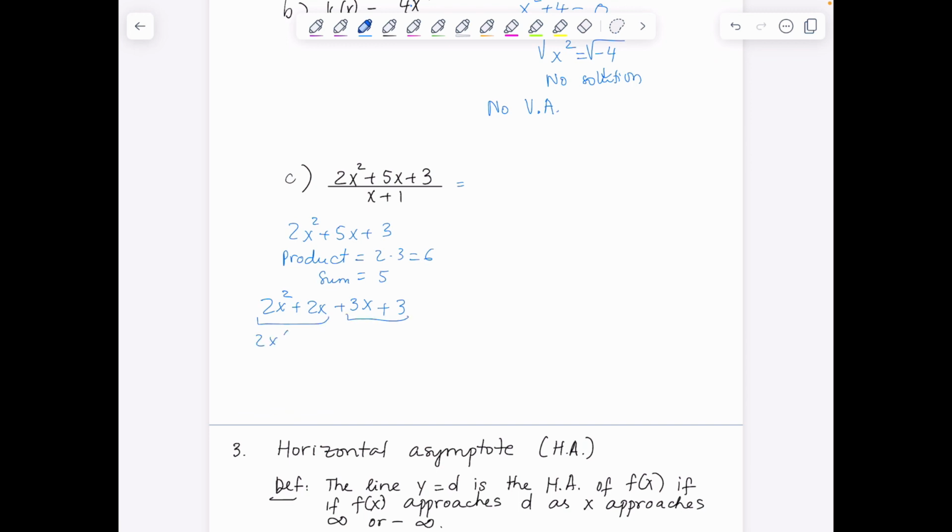So we have 2x here as the GCF, x plus 1. +3 here is the GCF, x plus 1. Factor again, we have x plus 1 times 2x plus 3. So put it back in here, we have x plus 1 times 2x plus 3 over x plus 1. So you do see a common factor, which is x plus 1. But after you cancel the x plus 1, we no longer have a denominator to do step 2. So because of that, we also say that this one has no vertical asymptotes.